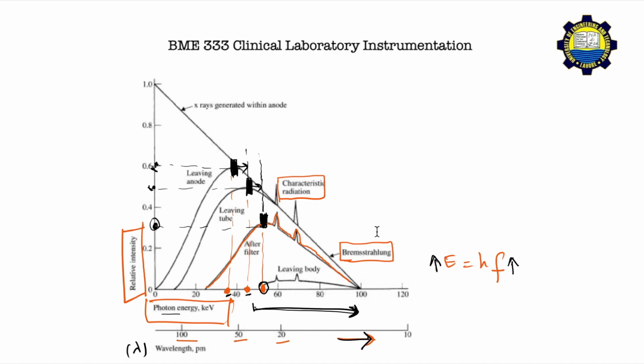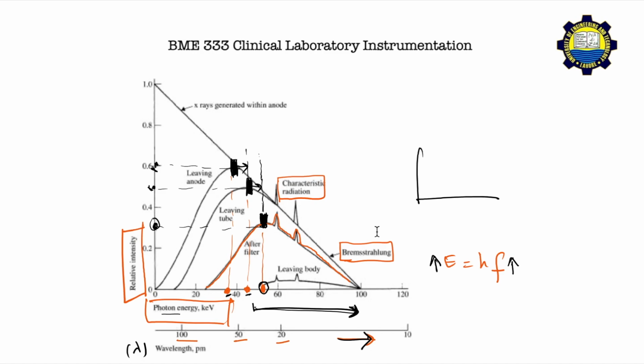So from that perspective, this is a very interesting curve. This is a very interesting demonstration of what happens after every event, after every filter. Also, these profiles that we see are different for different anodes. So these curves could probably be for one metal. For silver, it could probably be something like this.